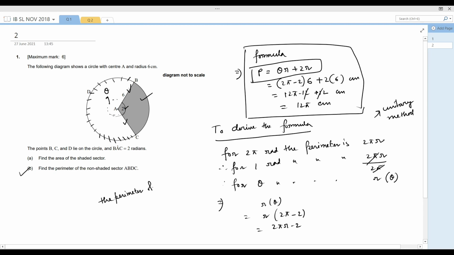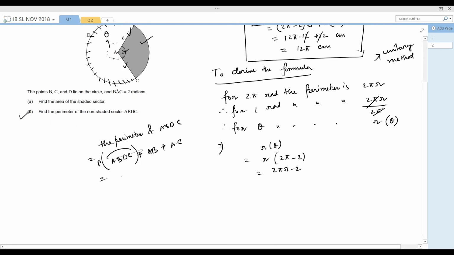So the complete perimeter of ABDC equals arc ABDC plus AB plus AC. The perimeter of arc ABDC we have already calculated: 2 pi r minus 2r.